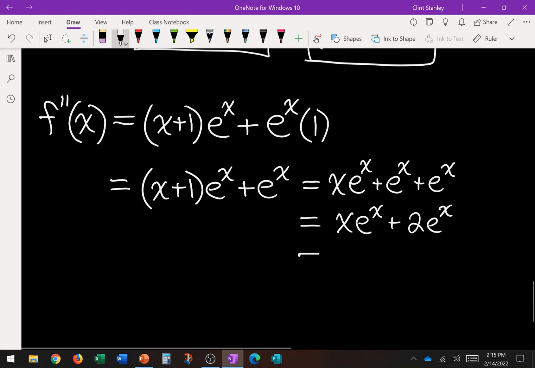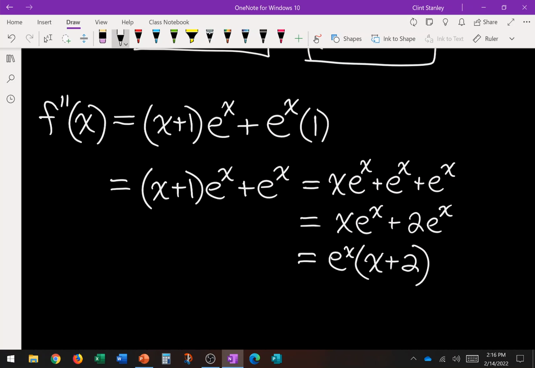And then if we factor one more time, x plus 2 times e to the x. That one's just kind of interesting the way it plays out.